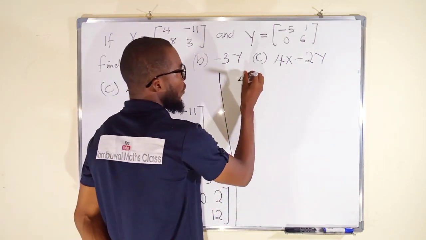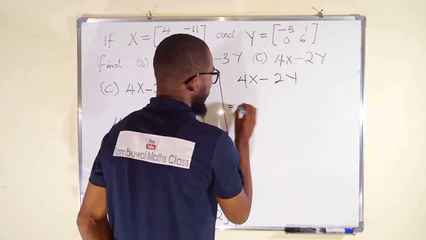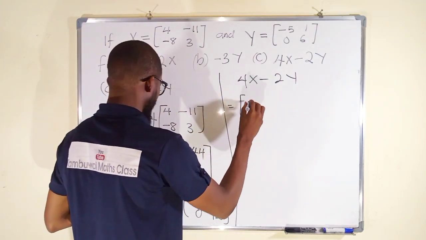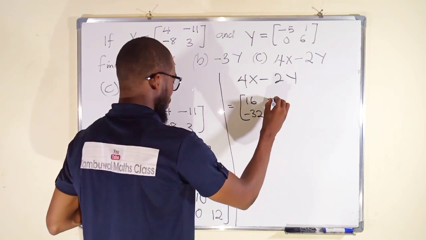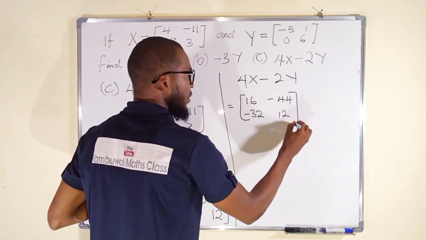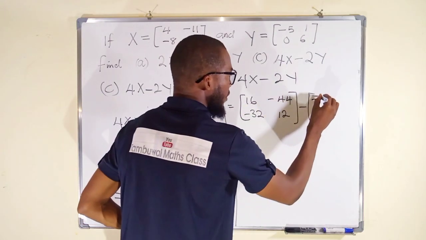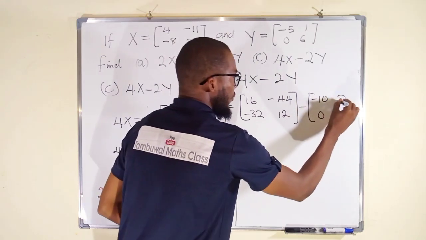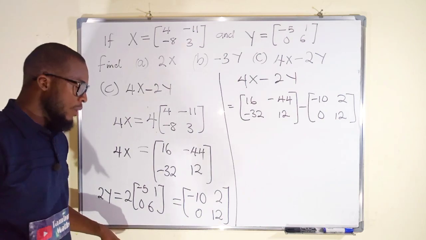Therefore, we say 4x minus 2y is the same thing as bringing the matrix 4x, 16, negative 32, negative 44, 12, then minus 2y, which we have here as negative 10, 0, 2, 12.